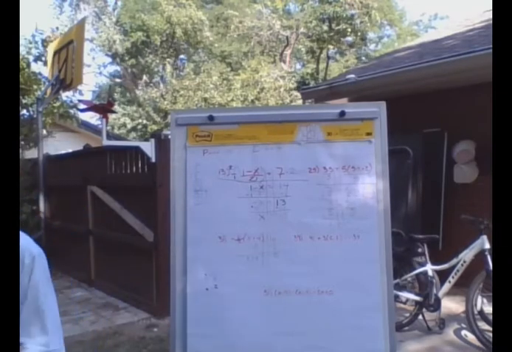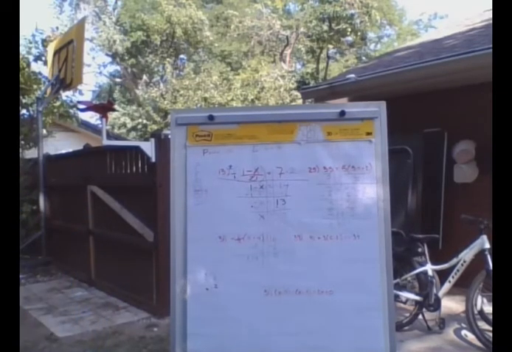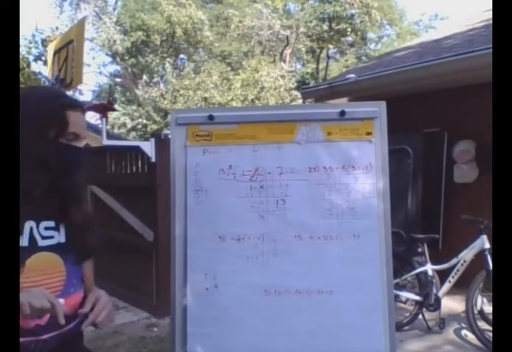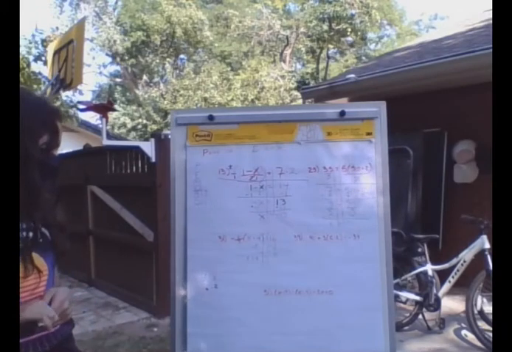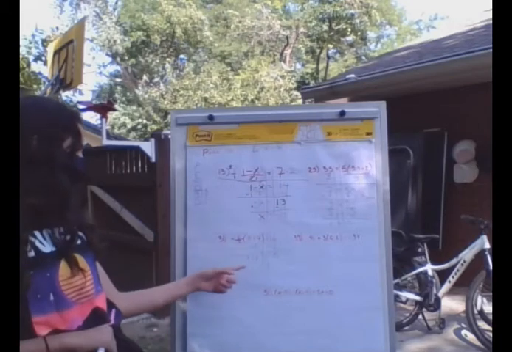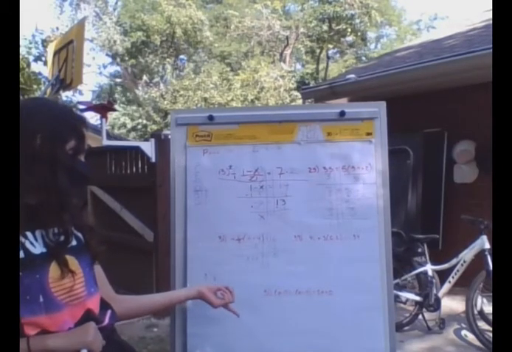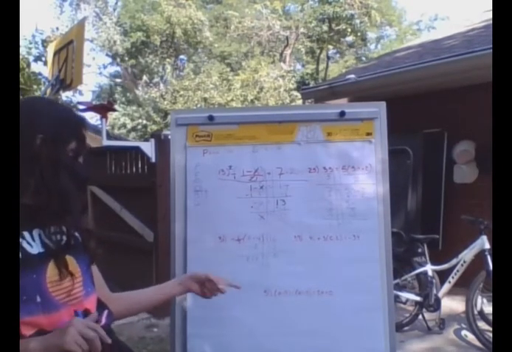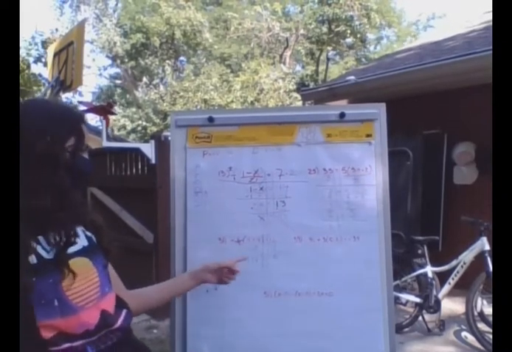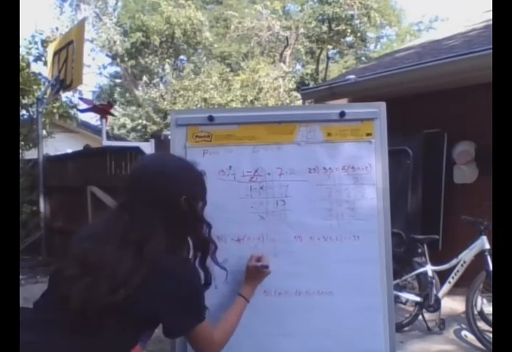Emerson. So use a different color, please. Purple. Okay, so after this, we need to move the 4 over to the other side so we can get x on its own. So the opposite of adding 4 is subtracting 4, and we need to do that to both sides.